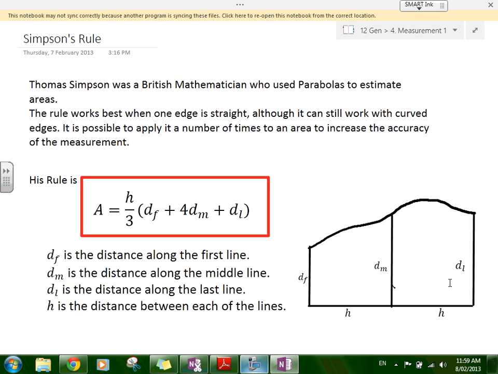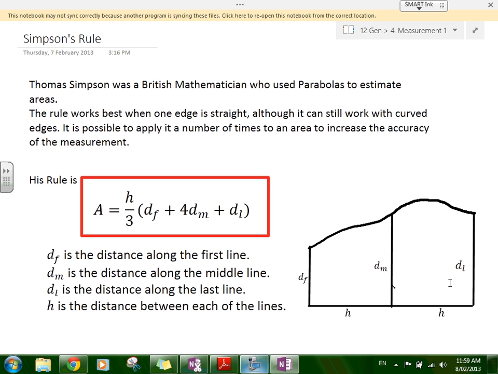What Thomas Simpson did, he said, let's use parabolas to fit along the edge of the line and estimate the area, because you can find out the area under a parabola quite easily with the right technique. So he's a very clever guy. He came up with this rule. The rule works best when one edge is straight. If you look at this figure here, this edge is straight along here, and one side is curved.